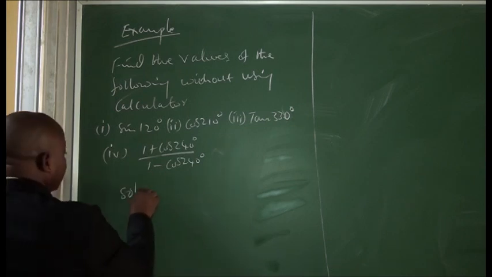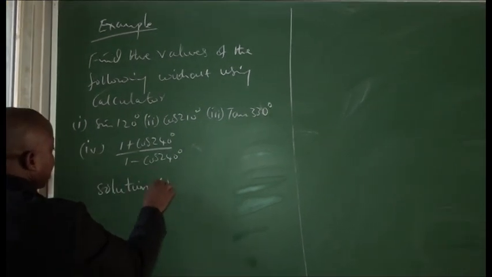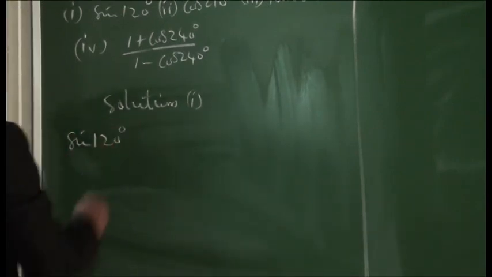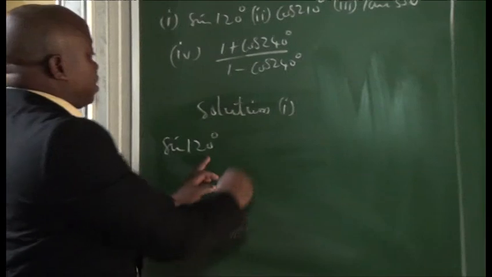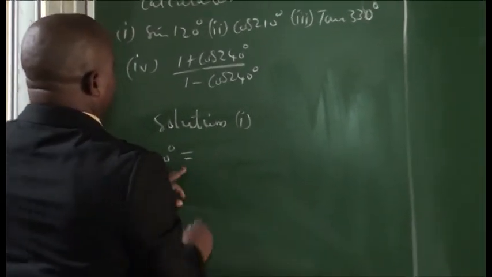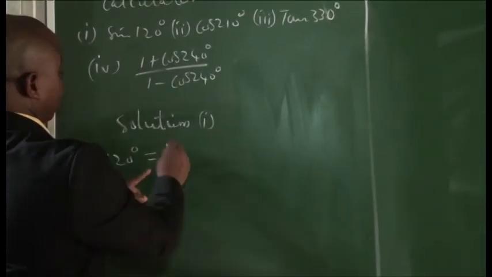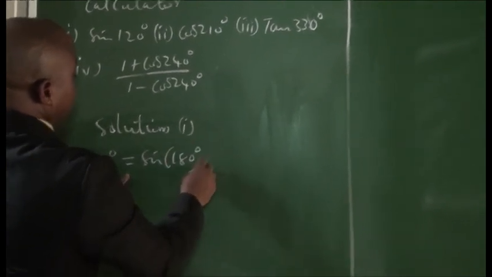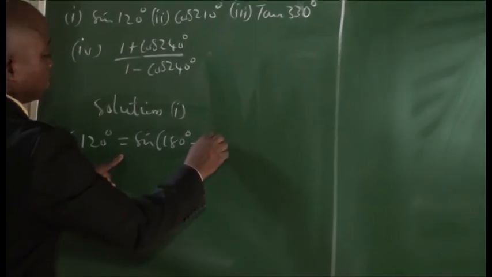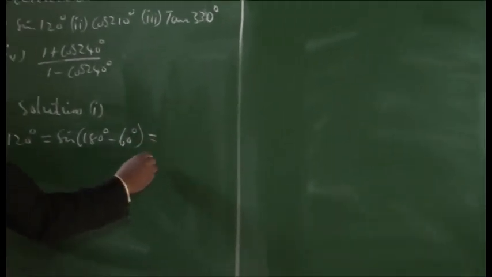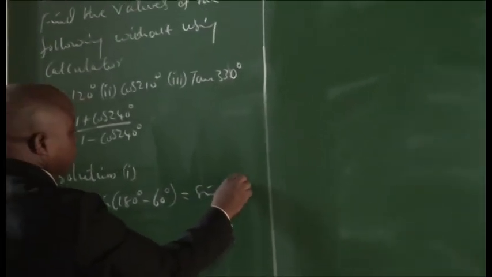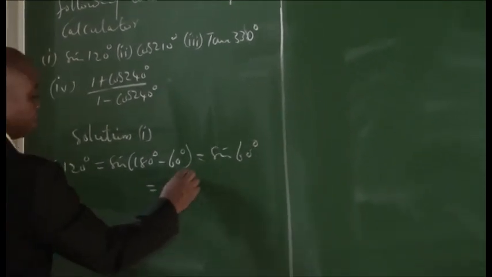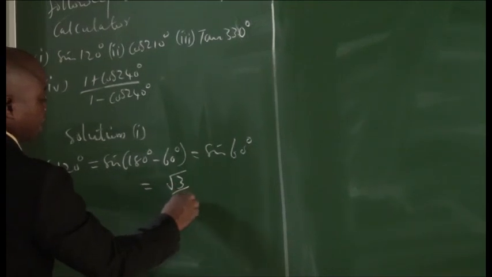So we start with I. Sine 120 degrees is in the second quadrant, so it is the same as sine of 180 degrees minus 60 degrees, which is equal to sine 60 degrees. And we know that sine 60 degrees is root 3 over 2.